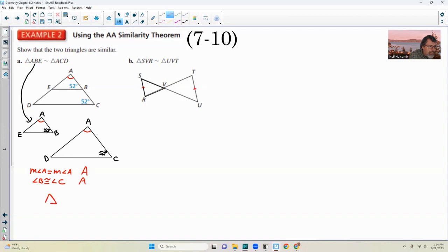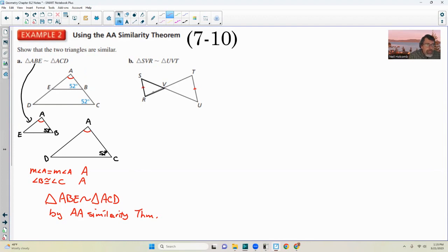So now I can say triangle ABE is similar to triangle ACD by angle similarity theorem. Okay, so that is part A.